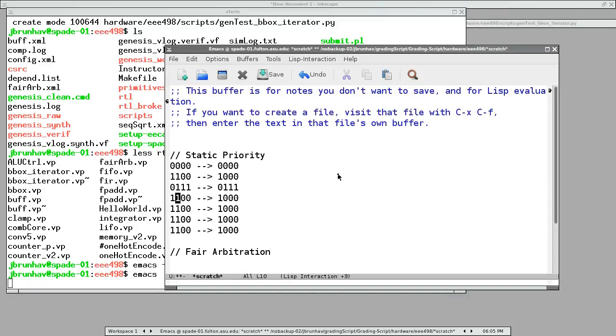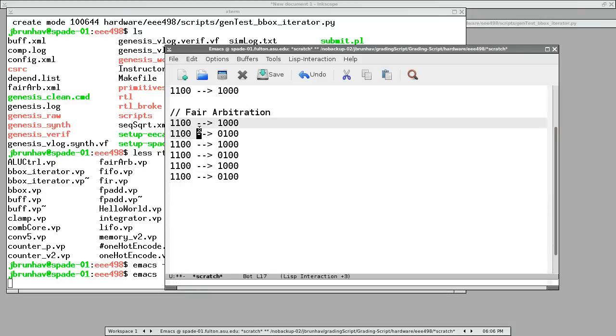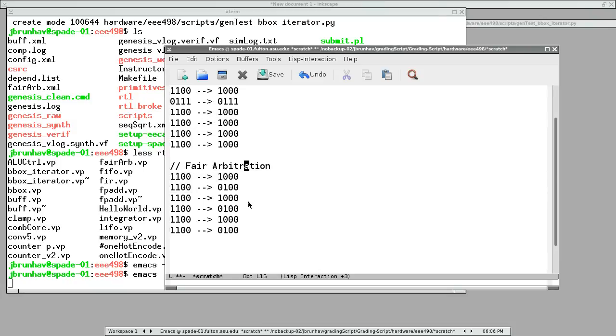If 1100 bids over and over again, the leading position will always win. What we would prefer is something where, if the same bid happens over and over again, they take turns. If you have two friends that have been traveling with you and they always want to ride shotgun, you'd make sure that they get to alternate. So that's where we're headed. That's the goal of what we're going to build today, this fair arbiter.